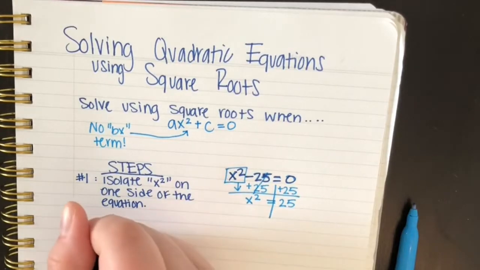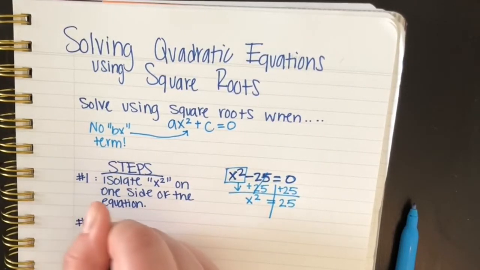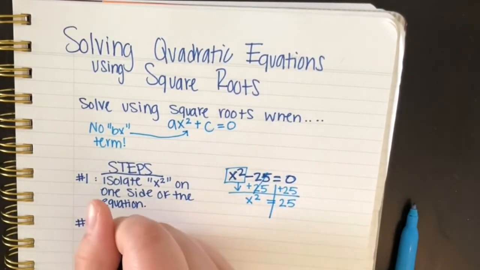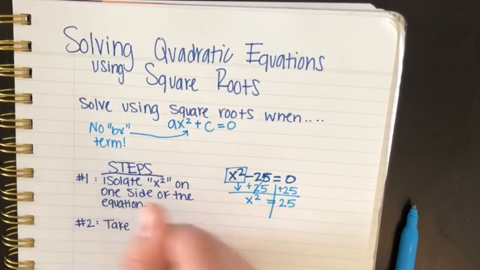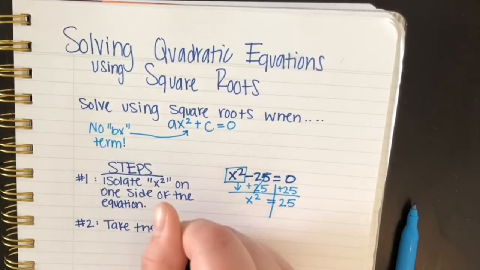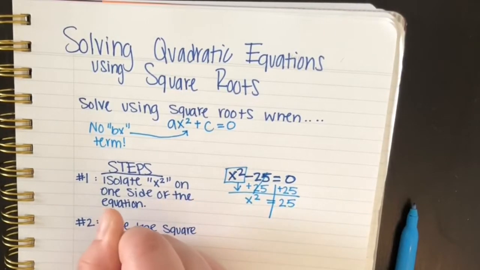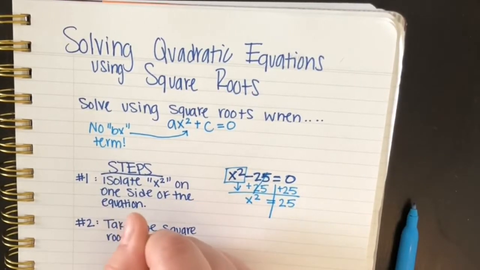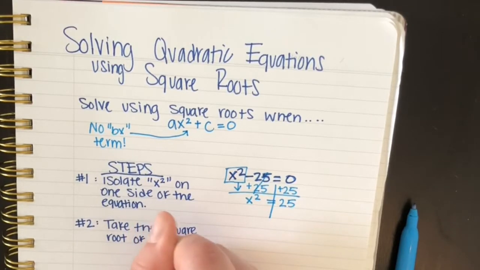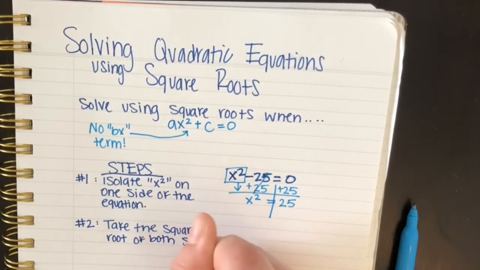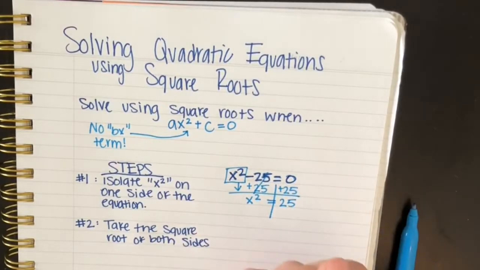Step number 2 is to take the square root of both sides of the equation.